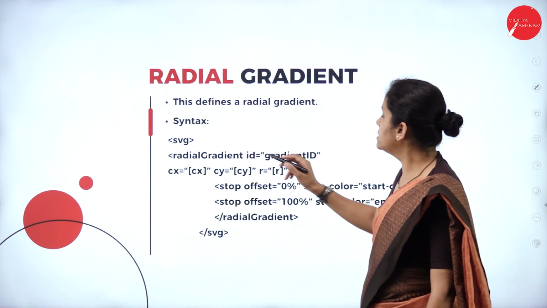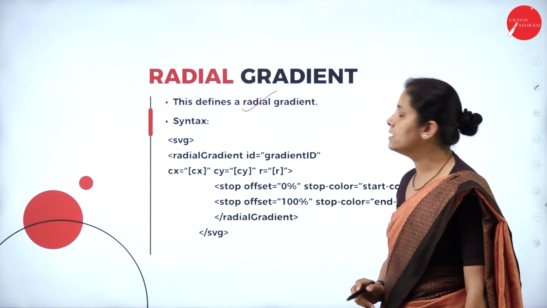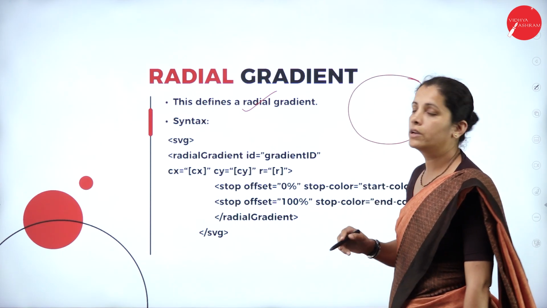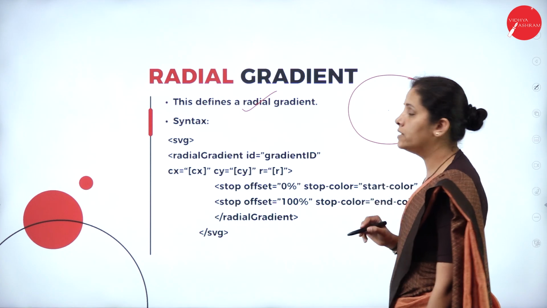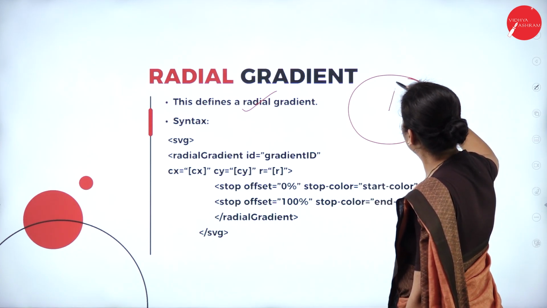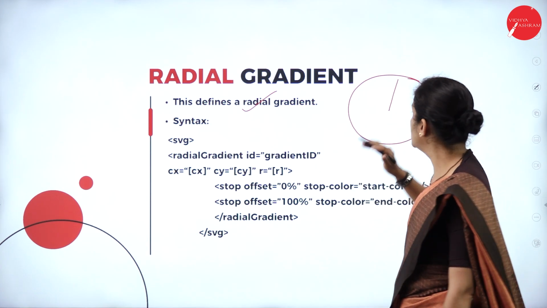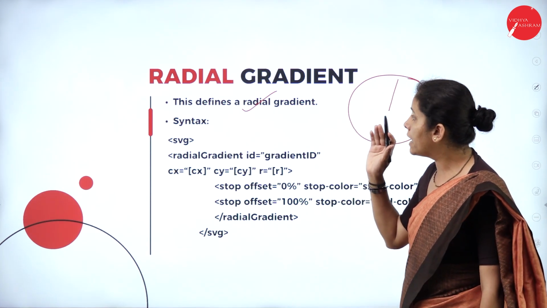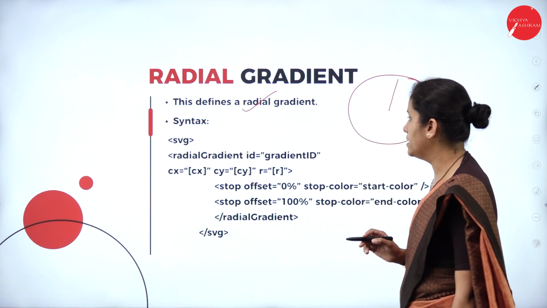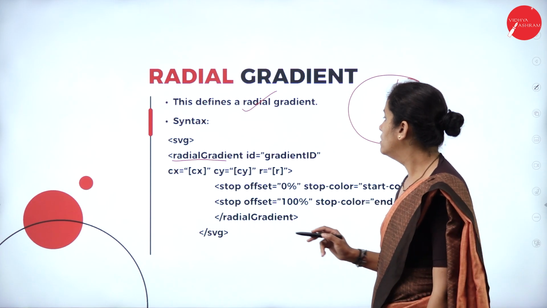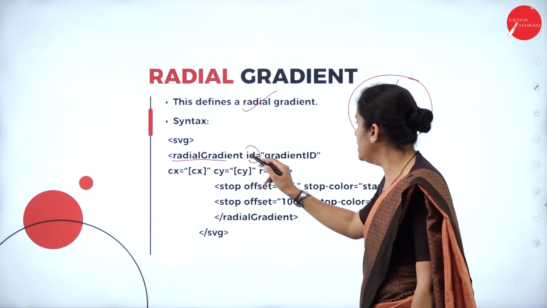So URL is nothing but universal resource locator. Next, if I consider radial gradient, think that I have a circle, and I'm going to identify the center point and provide the transition towards the edge. For that, I'm going to use the radial gradient. So how to write radial gradient?